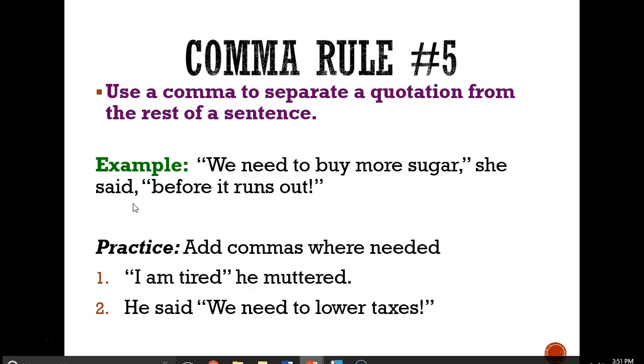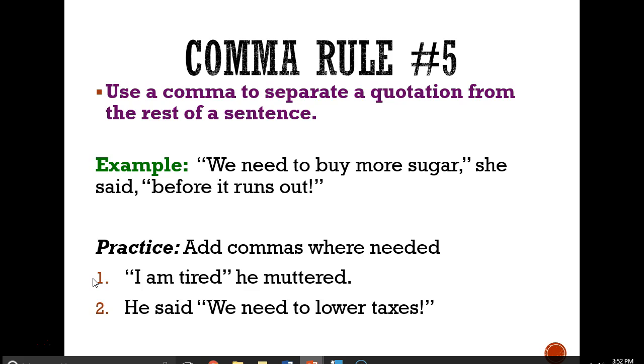On that second sheet of paper that you should have, you're going to write down the practice. You're going to write comma rule number 5, and you're going to write the 2 sentences that you see here, and add the commas where they are needed. Please make sure that this paper has MLA heading because I will be collecting it when you come to class when this is due. Go ahead and take a few minutes to do numbers 1 and 2.